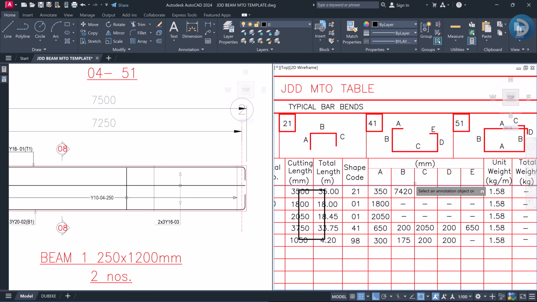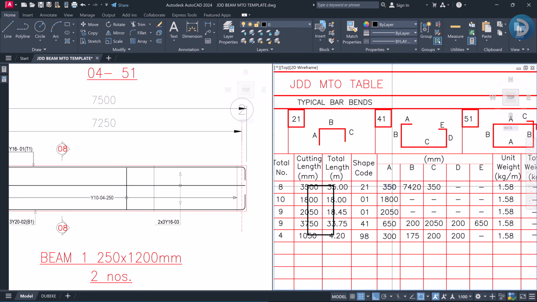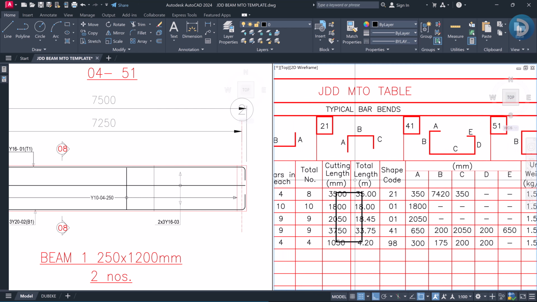So if I add this length to this length to this length, I'll be able to get the total cut length, the total length of this reinforcement, which we need to cut out of our 12 millimeter long reinforcement, right?